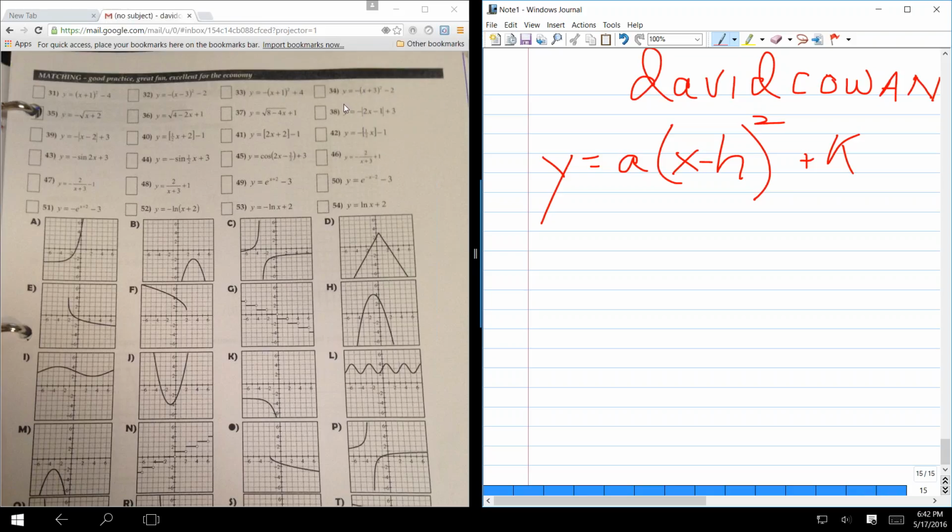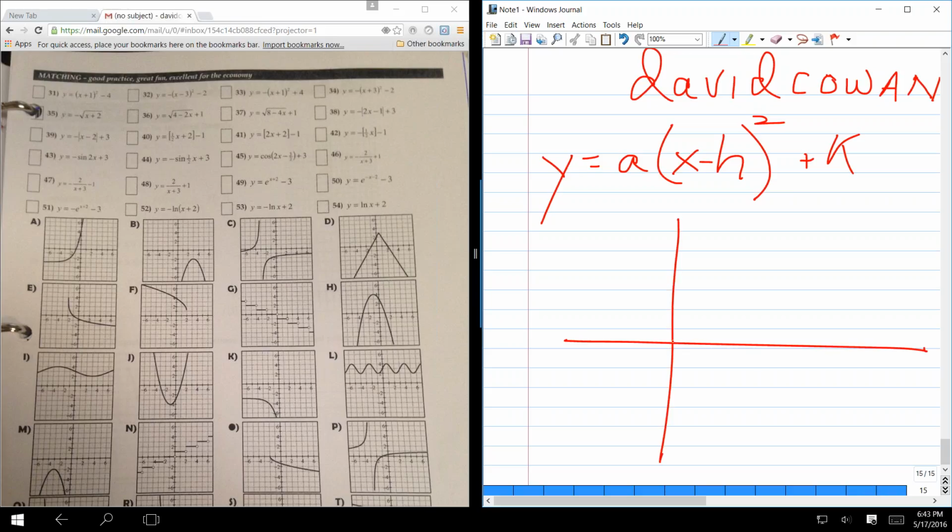35 is the square root function with what translation? So it's flipped over which axis? Over the x-axis, and it's moved 2 to the left.